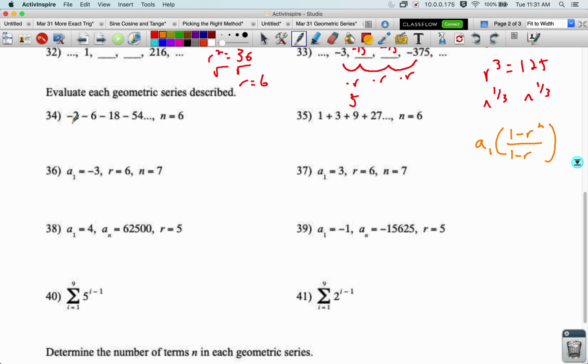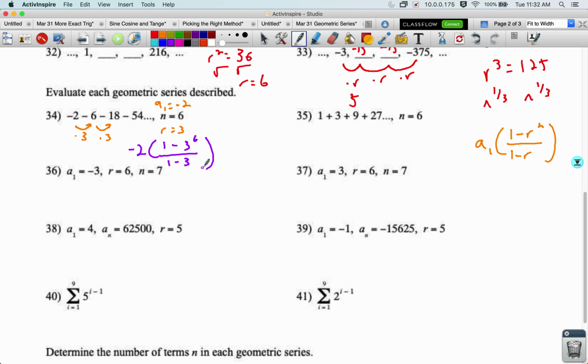And you can see the first term, so to get the common ratio, you could do the second term divided by the first term, or just see that I'm multiplying by 3 each time. So r equals 3, a sub 1 equals -2, n equals 6. Plug it all in, we're going to get -2 times (1 minus 3 to the power of 6) over (1 minus 3).